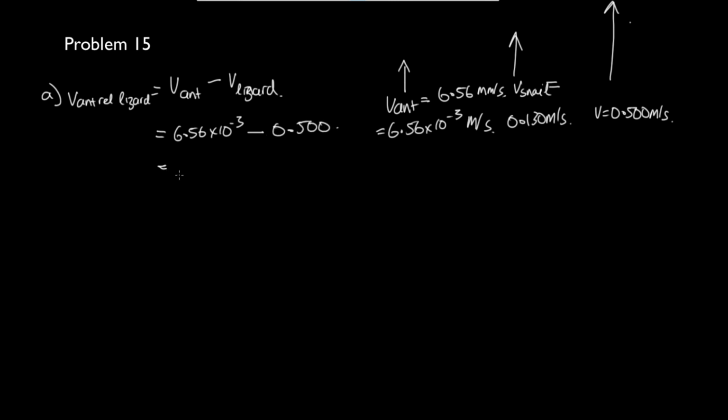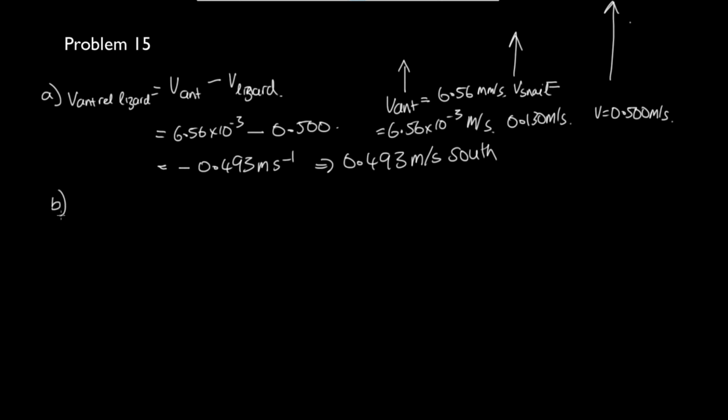Solving this on the calculator, we get minus 0.493 meters per second. So this negative means south. So this is equal to 0.493 meters per second south. So if you were the lizard, it looks like the ant is moving away from you in the negative direction, the direction opposite to what you're actually traveling.